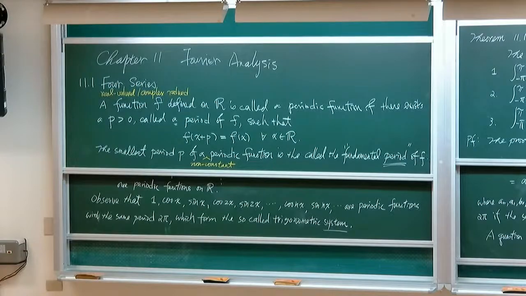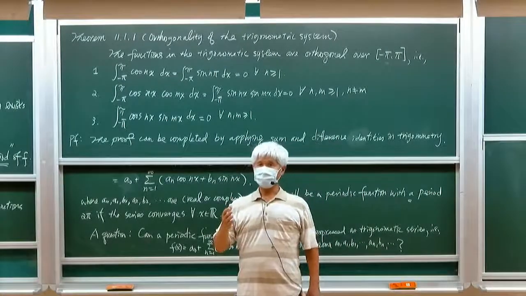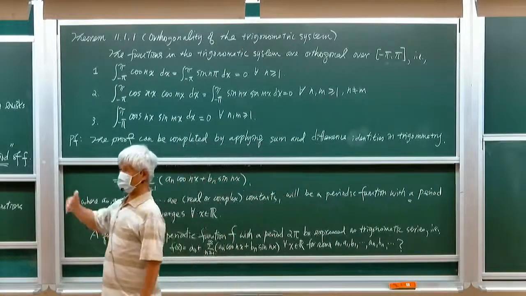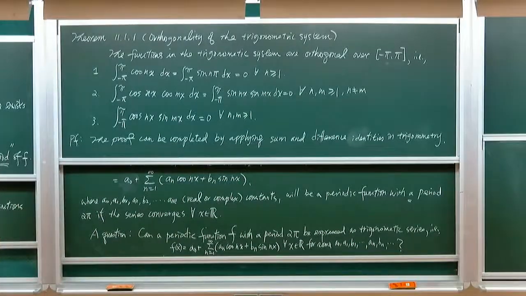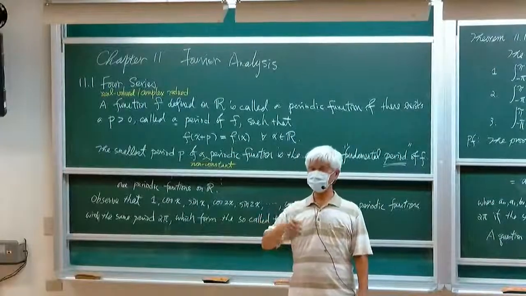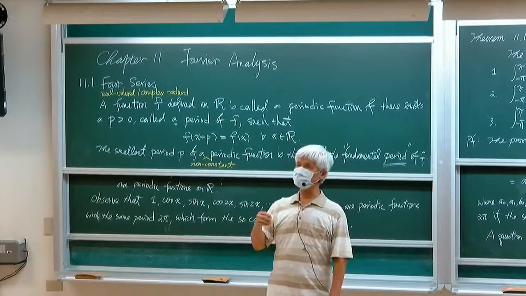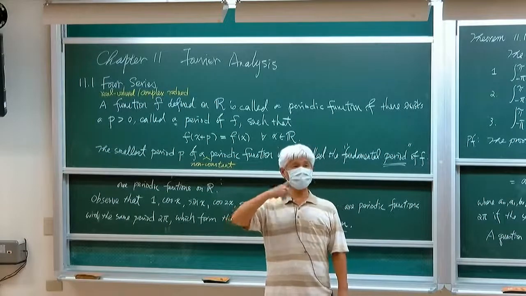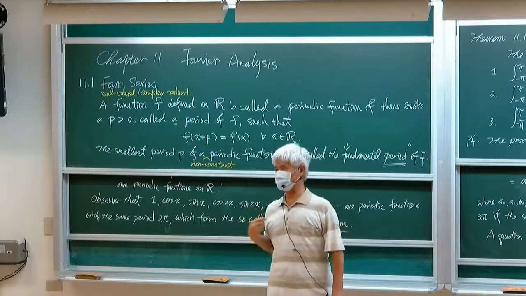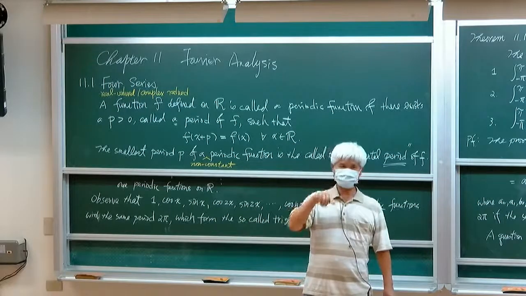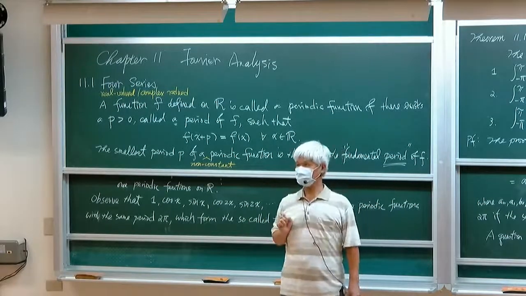But for some of the periodic functions, for example, in electrical engineering, a lot of signals, no matter whether voltage signals or current signals, for example, clock signals, are periodic signals.